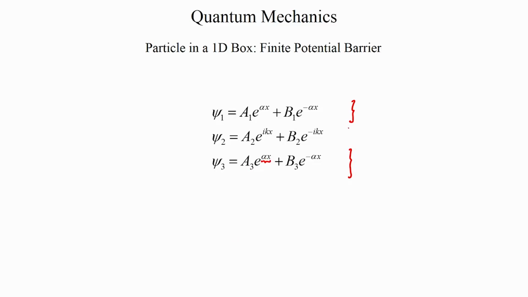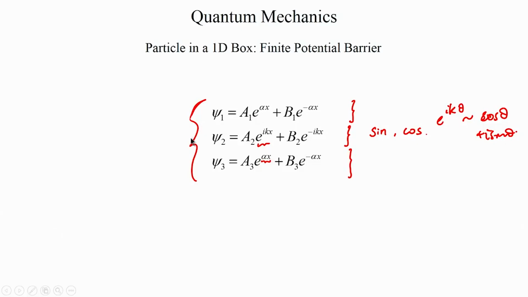But in region 2 we already saw that you could describe things as sines and cosines. When we solved Schrodinger's equation for the equivalent of region 2 in the infinite potential well case, we saw the sines and cosines appearing in the equation. Equivalently, if you write it in terms of exponents, you are going to have exponents of complex quantities appearing in region 2.